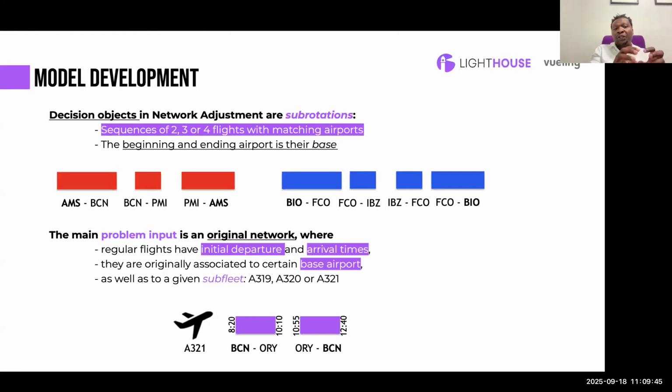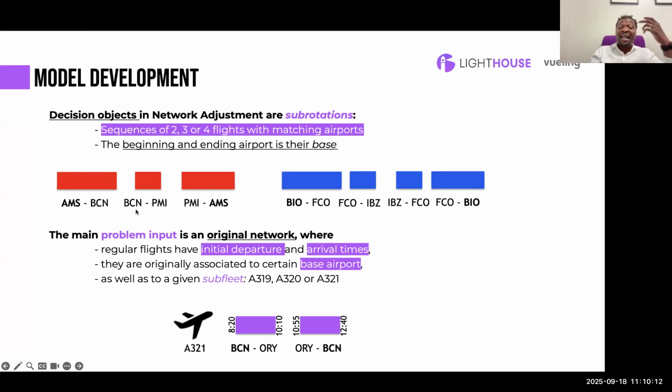The sub rotations are sequences of 2 to 4 flights that can match in each airport. We need some kind of variable, like an airport that has the beginning and the ending in this airport, that we create as the base. Here we can see the base is the input airport, Amsterdam in this case, and it also ends with the same base.